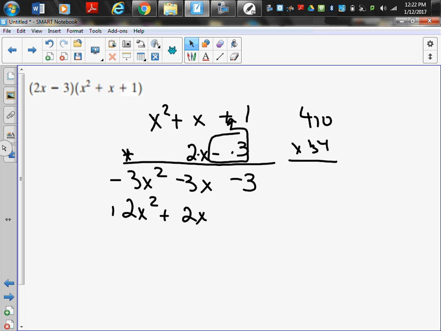And it's a positive. 2x times x squared is 2x cubed. Alright, now we're down to just adding, just like we did yesterday.